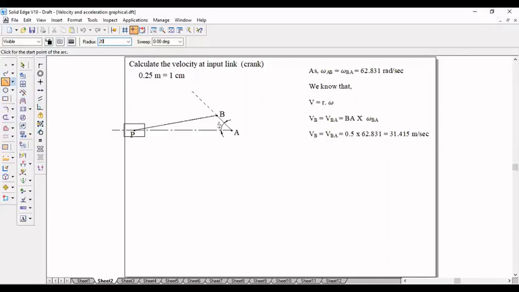I'm giving it in mm there, so 20. Now, the configuration diagram is over.